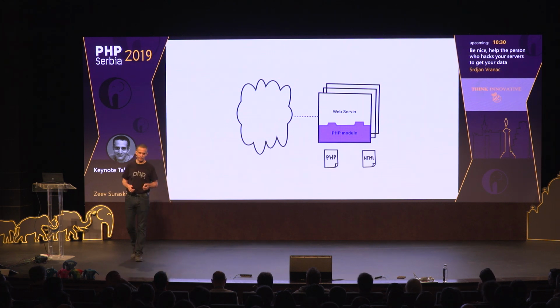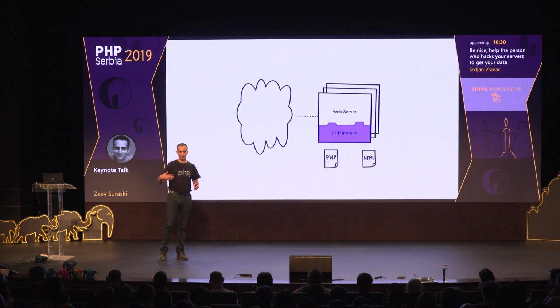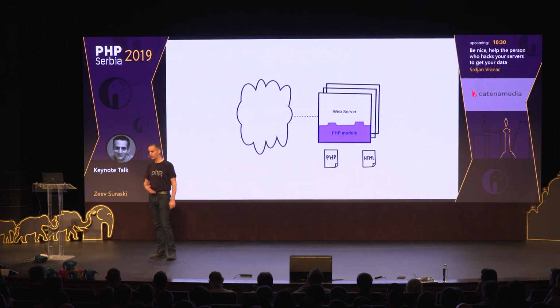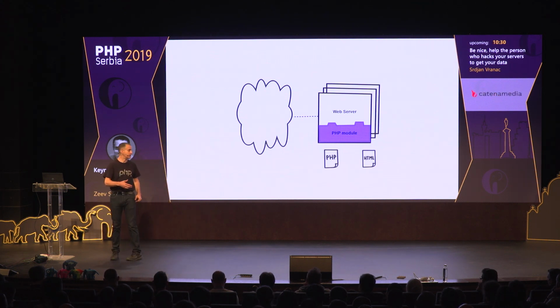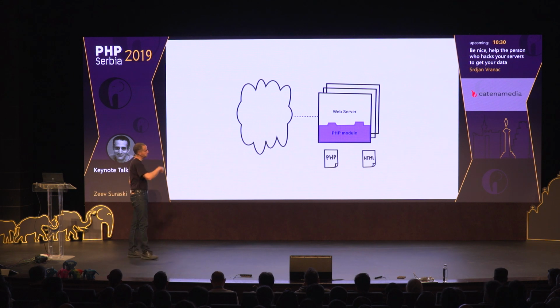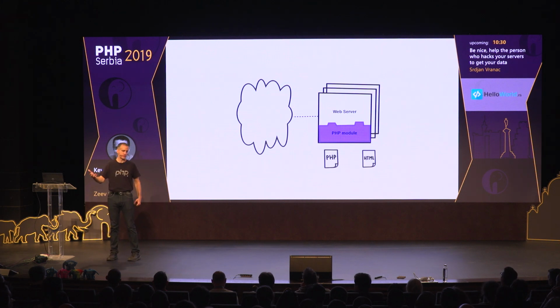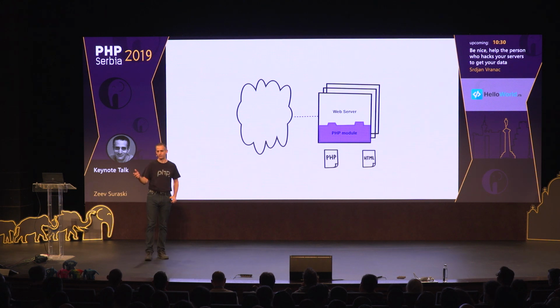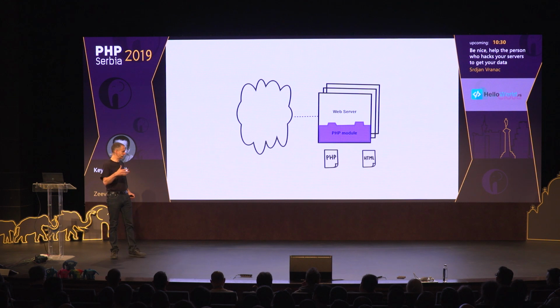The other disadvantage is not quite as apparent, but the fact that you had an instance of PHP built into every instance of a web server was also a disadvantage. You can see that there are like 3 rectangles there, and that symbolizes that there's more than one web server instance. In practice, when you're running Apache, you would have dozens or hundreds and sometimes even thousands of different instances of Apache running at the same time.